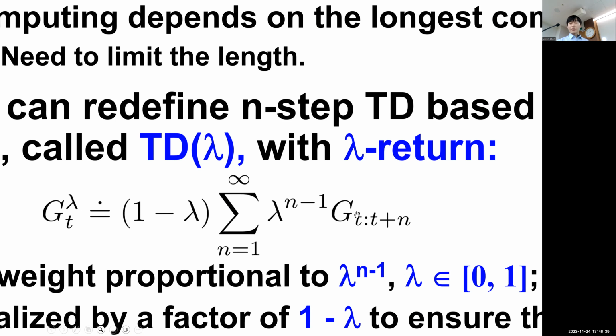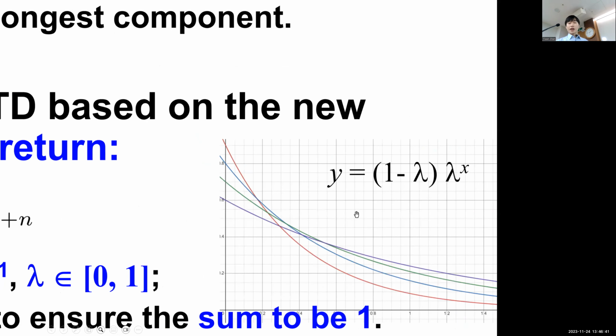If we look at this decay function, 1 minus lambda times lambda to the power x, you will see this decay. The result of y will be decreasing.